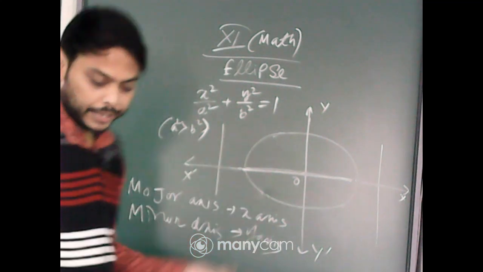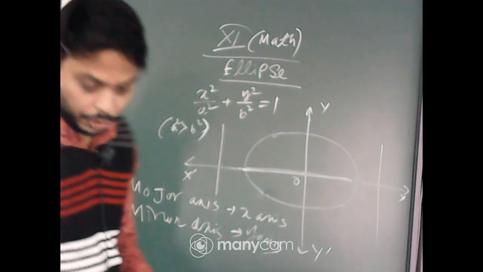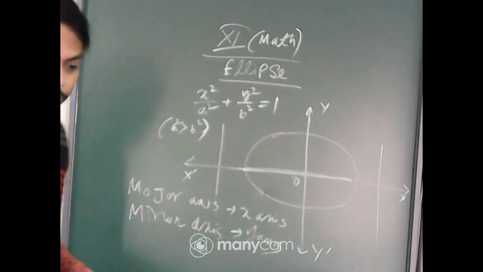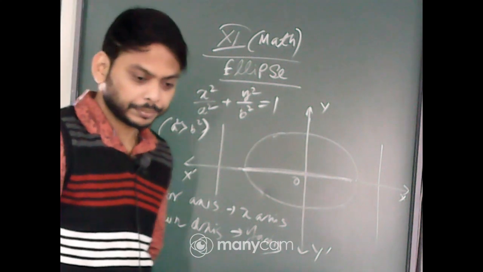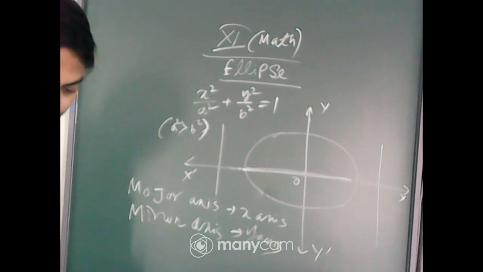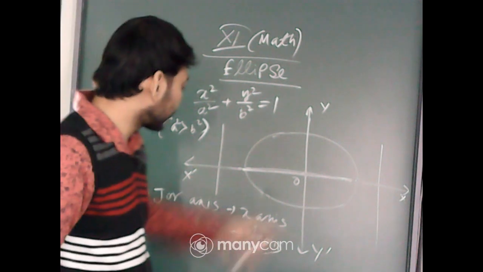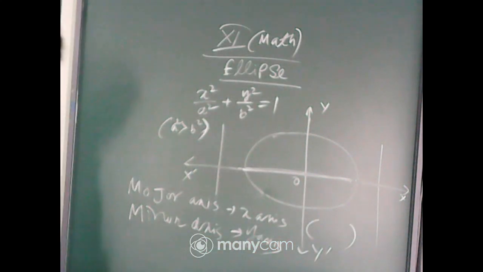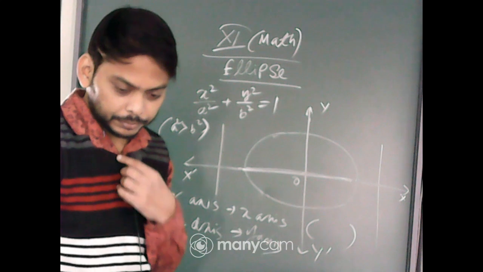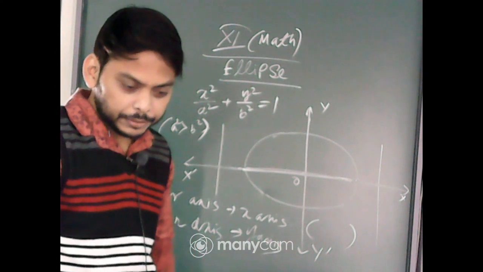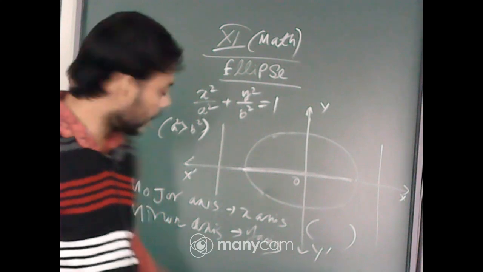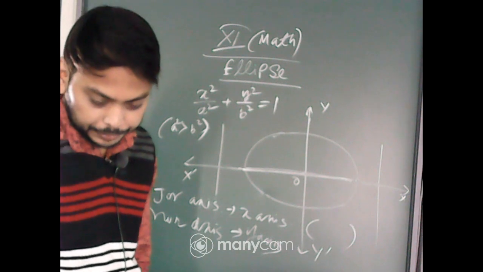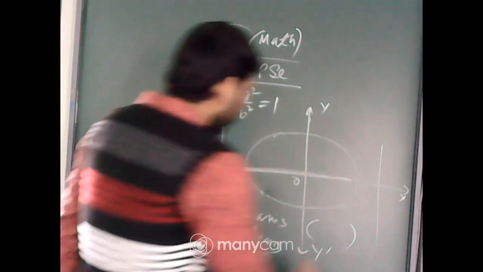You have to know these things about the ellipse. Now tell me about the equation of major axis. Major axis is the x axis and its equation will be y equals to 0.